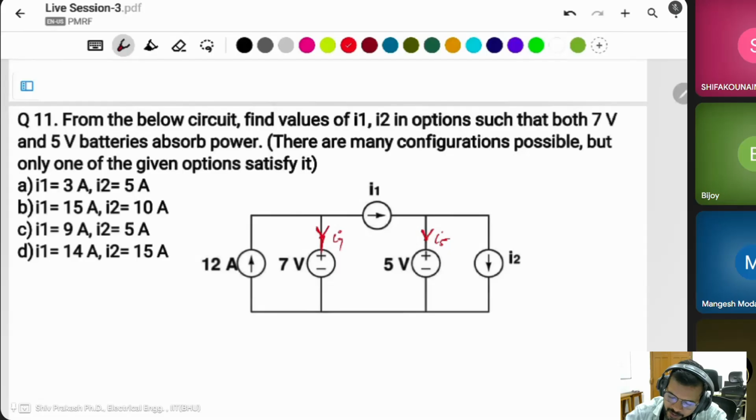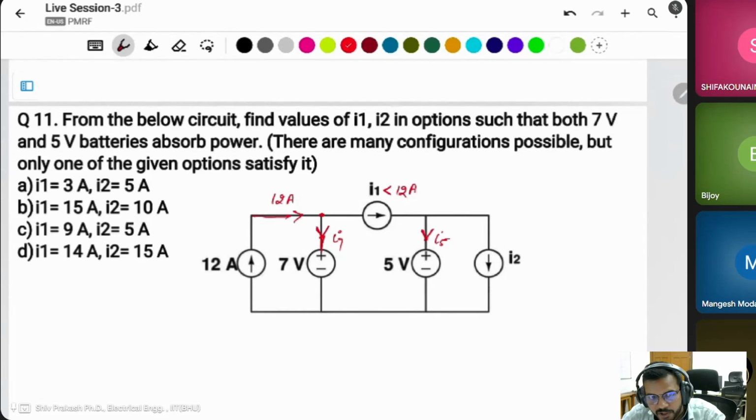Let's try. This current is 12 ampere. 12 ampere of current is coming from this source, and at this node some current is going to the 7 volt voltage source. Then what is this I1? In this case, I1 is less than 12 ampere.